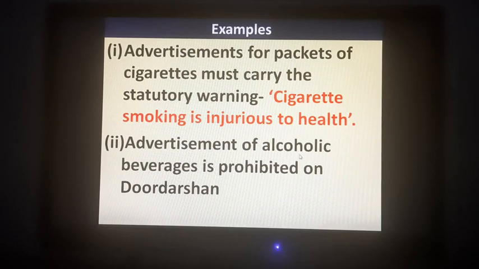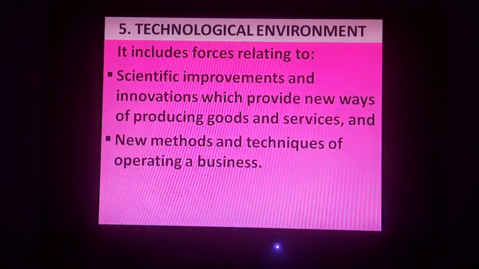Then advertisement of alcoholic beverages is prohibited on Doordarshan. So these are some of the laws which have been passed. So that have to be followed by the business if they have to work in that country. So the law of that land has to be followed.